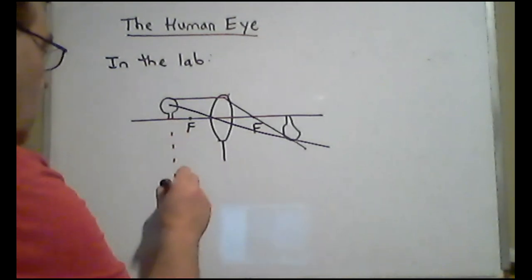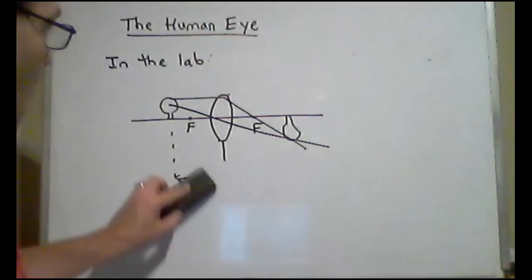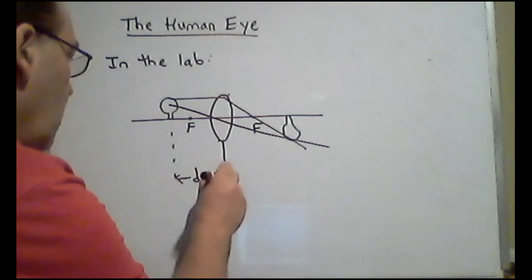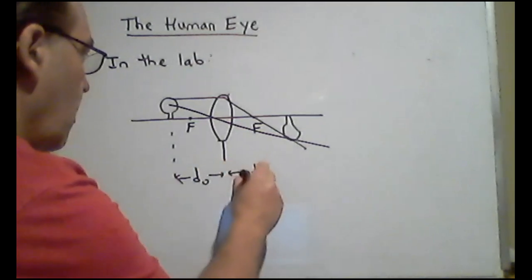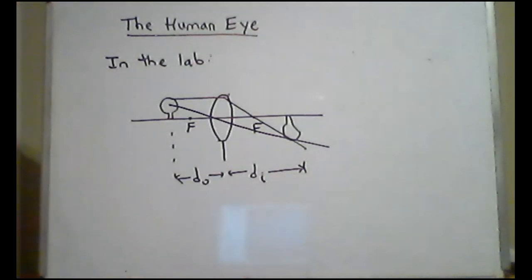So essentially I get various d sub o and d sub i combinations. Again, d sub o being the object distance, d sub i being the image distance, and the image can go all over the place. Well, we don't have that. We cannot afford that in the eye. We have a limited space in the eye.